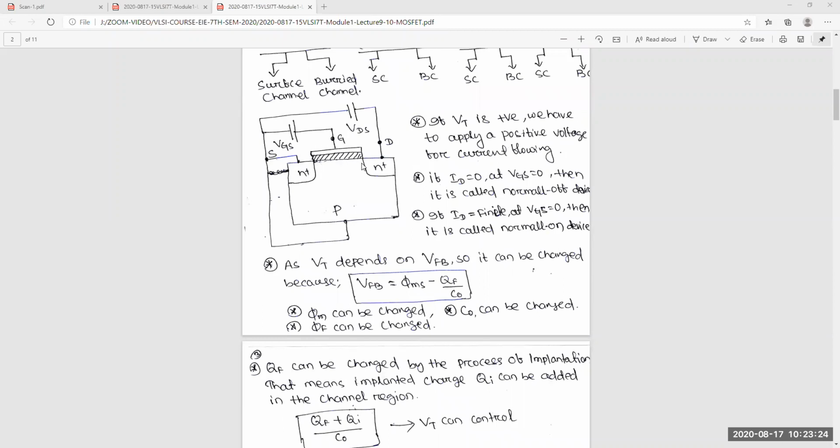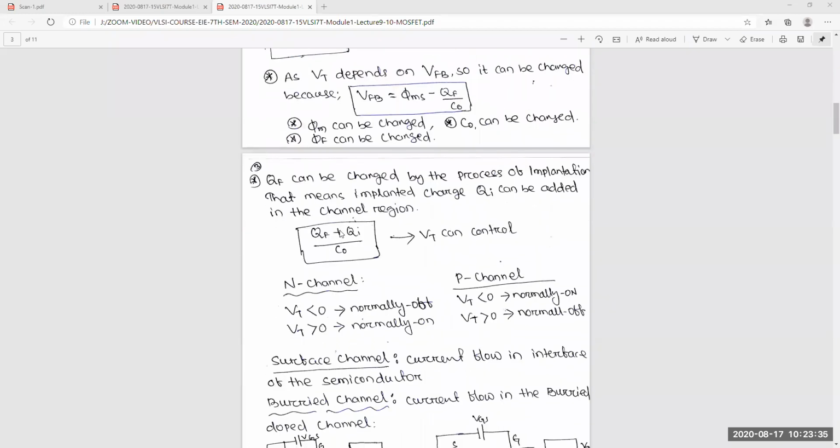For a normally on device, in the fabrication steps, implantation is added in this region. For an N channel, electrons are added, which is why this is called QI. This is the way we can change a normally off device to a normally on device.